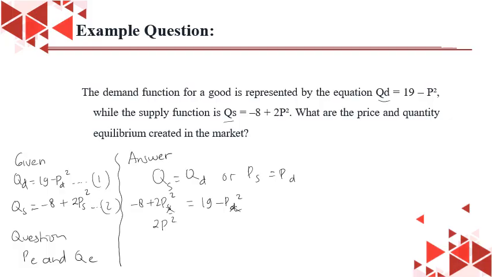Yeah, okay, because now it is equal. And then the 19 here, minus PD squared over here, goes to the left and becomes plus P squared, and this one is plus. Now this minus 8 goes to the right, plus. Okay, so this is 27. This one is 3P squared. You can divide it by 3 over here.